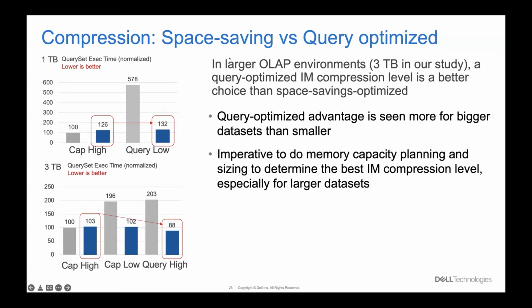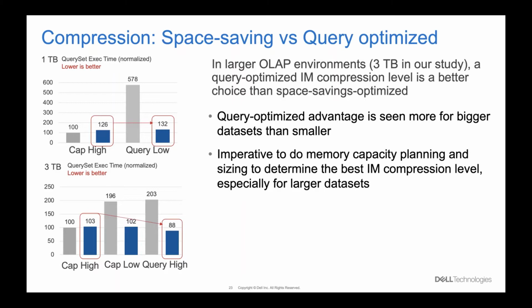In the 1 terabyte environment, we found that the difference in processing time between capacity high and query low was not very big. It's nearly the same. However, with the 3 terabyte schema, we found that the decompression affects the results significantly.